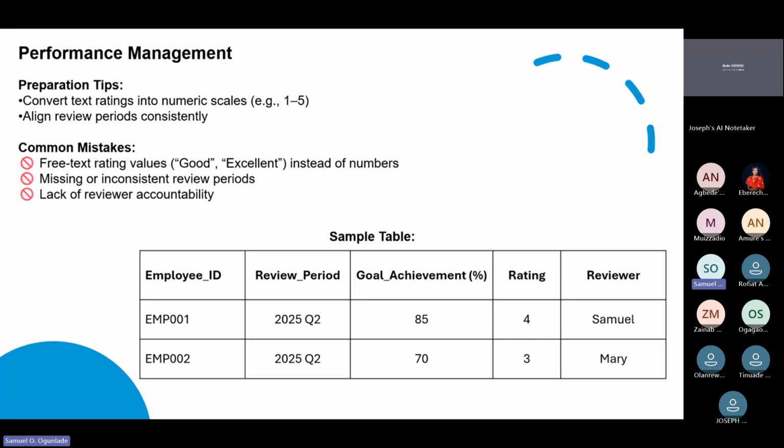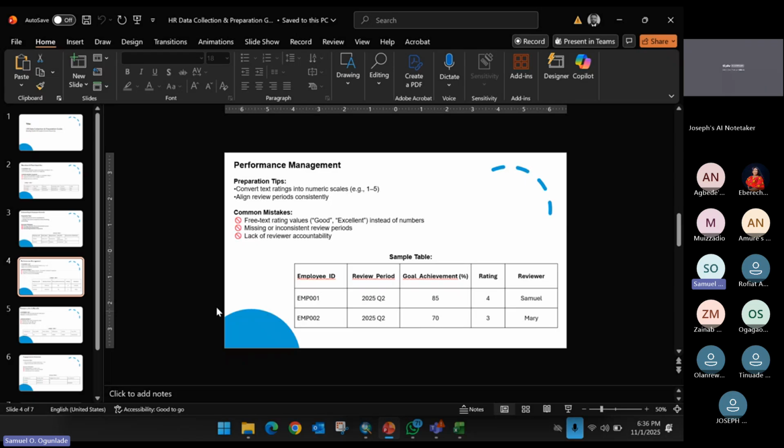And again, you also need to have accountability. Who reviews the employee and all that? We should also have that information for the case of performance management that we have here. And I'll just do one example of what I've mentioned earlier.